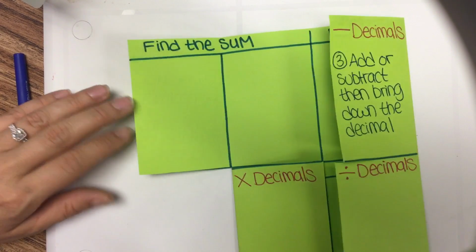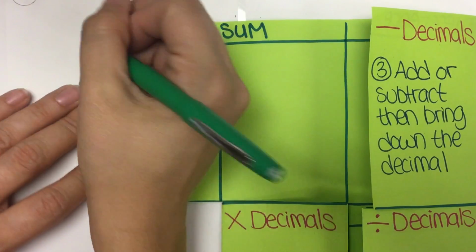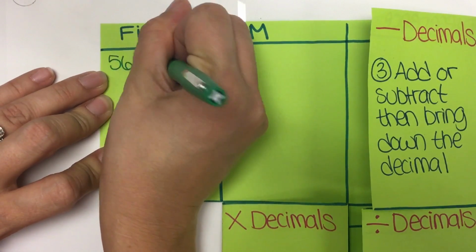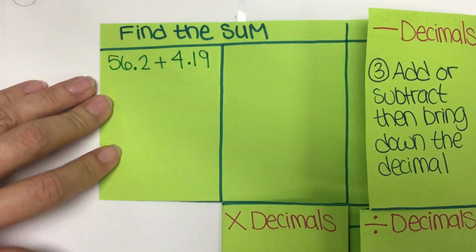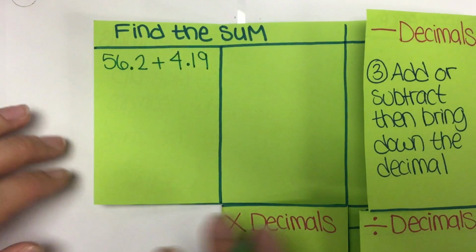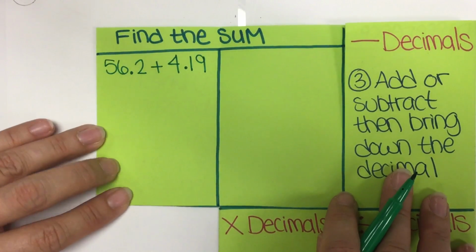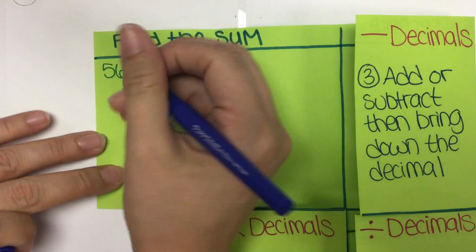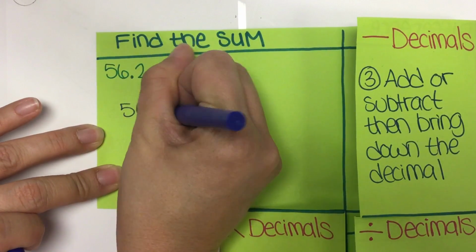A lot of times when we're given a problem, it's going to look like kind of how I've been showing you in class. So it'll be 56 2/10 plus 4 19/100. Our first rule from the front is line up your decimals. So we want to make sure that we do that. So I'm going to rewrite this as we would do a normal addition problem, 56 2/10.